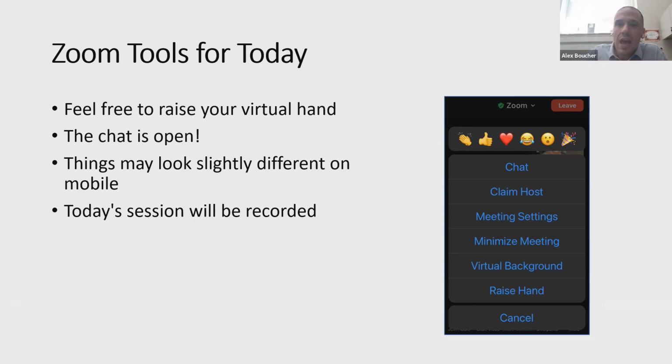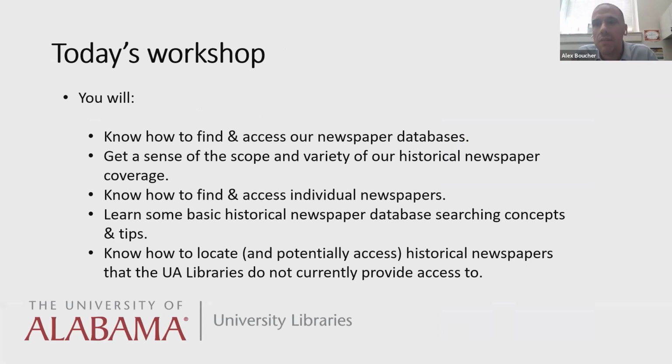And as far as what we'll cover, I think of this as sort of from the bottom up with historical newspaper research. What I'm going to show you is how to find and access our newspaper databases. I'll give you a sense of the scope and variety of our historical newspaper coverage.